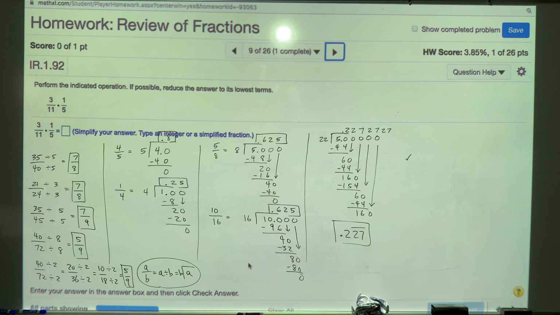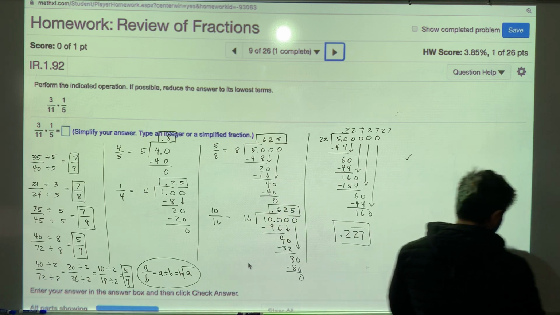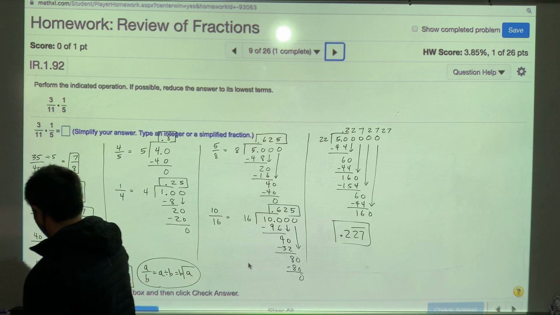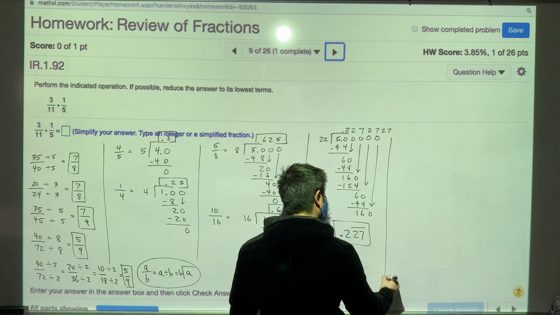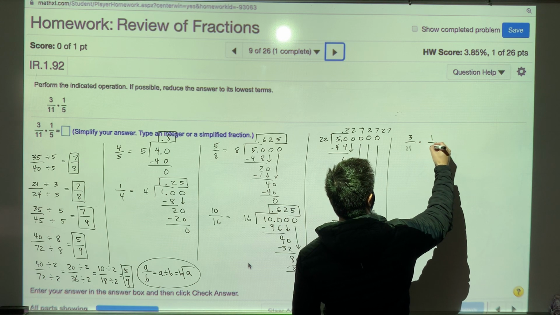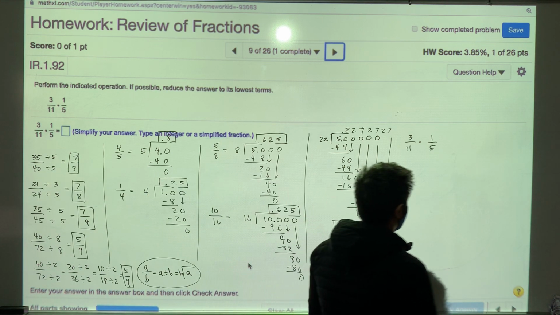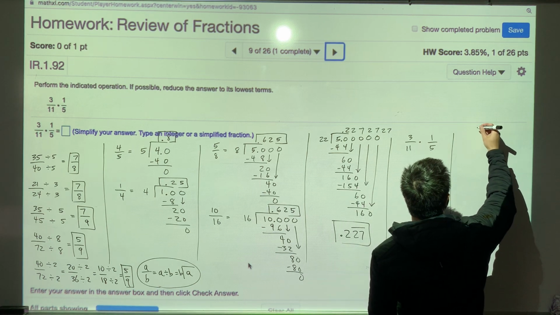Number 9. Okay, we get to some fraction multiplication. I've got 3 over 11 times 1 over 5. Now, I'm going to initially start off by discussing multiplying fractions.